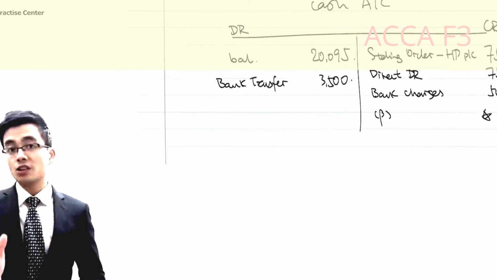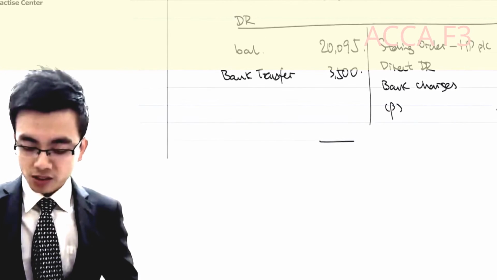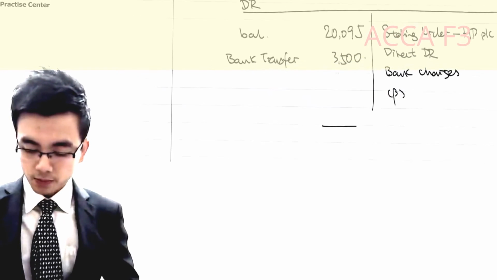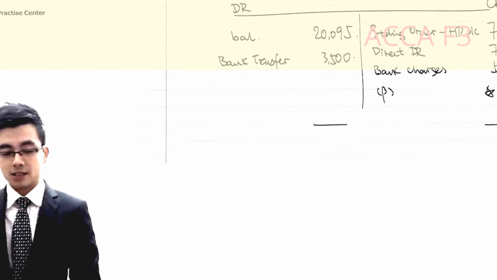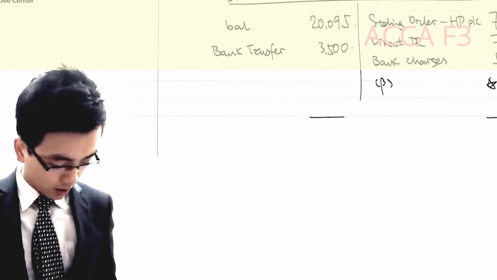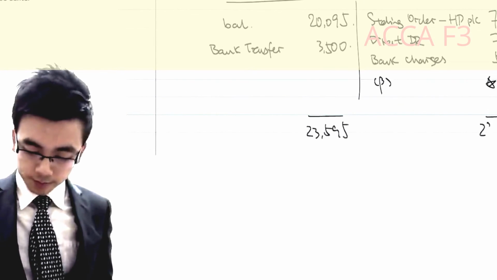So what you need to do then is total up the debit as well as the credit side. Because the debit side is greater than the credit side, added up it is 23,595.